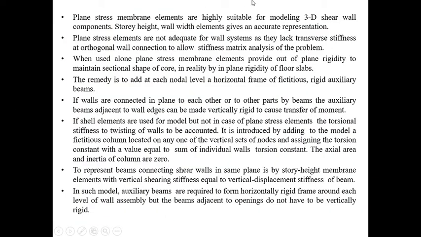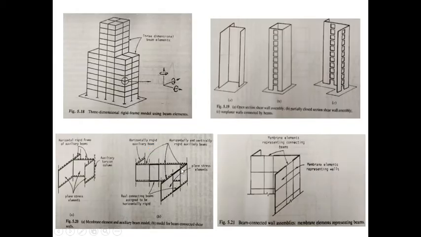Now further, we represent it by a rigid auxiliary beam. If walls are connected in plane to each other or to other parts by beams, the auxiliary beam adjacent to the wall edges can be made vertically rigid so as to cause the transfer of moment. Here you can see the vertically rigid is also provided.